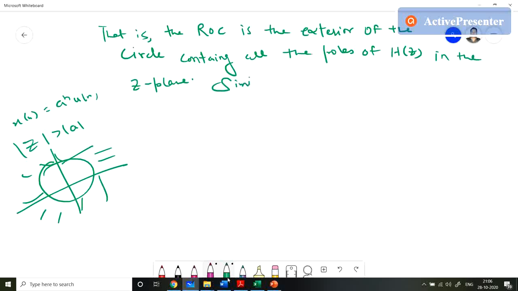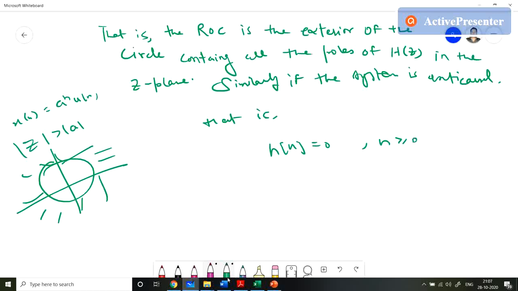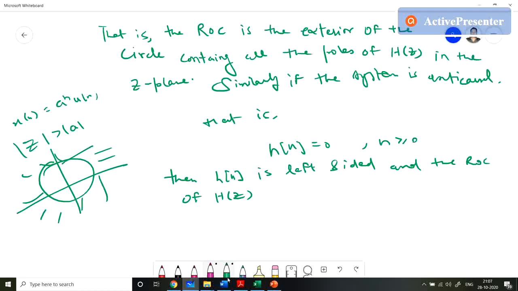Similarly, if the system is anti-causal, that is h(n) is equal to 0 for n greater than or equal to 0, then h(n) is left sided, and the ROC of H(z) must be of the form modulus of z less than R minimum.